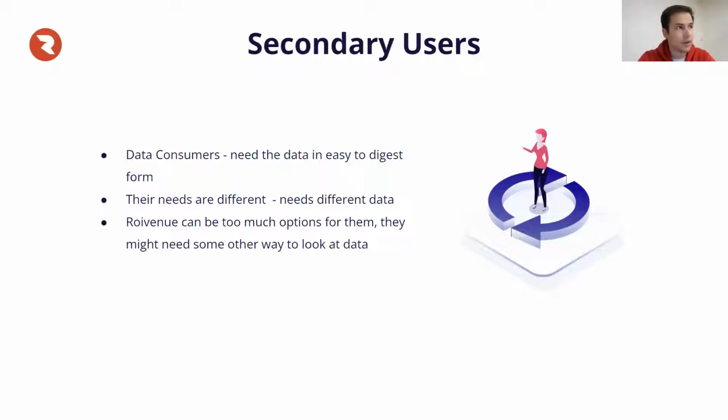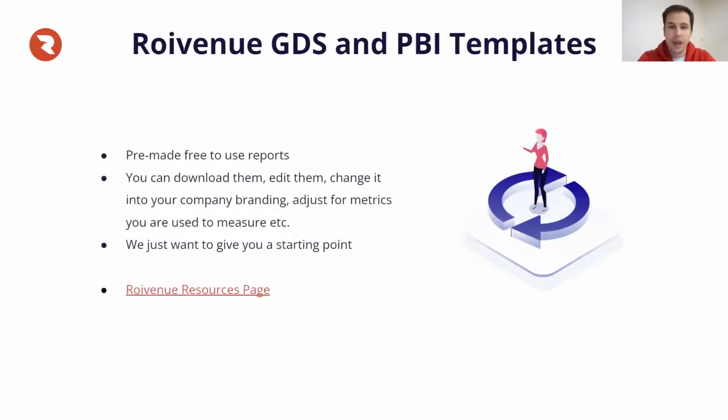It might offer different ways to look at the data, different from what they need. For these users, you can still benefit from providing them with Roivenue data, but you will probably need to think of another way to do that. And that's what we are focused on today.